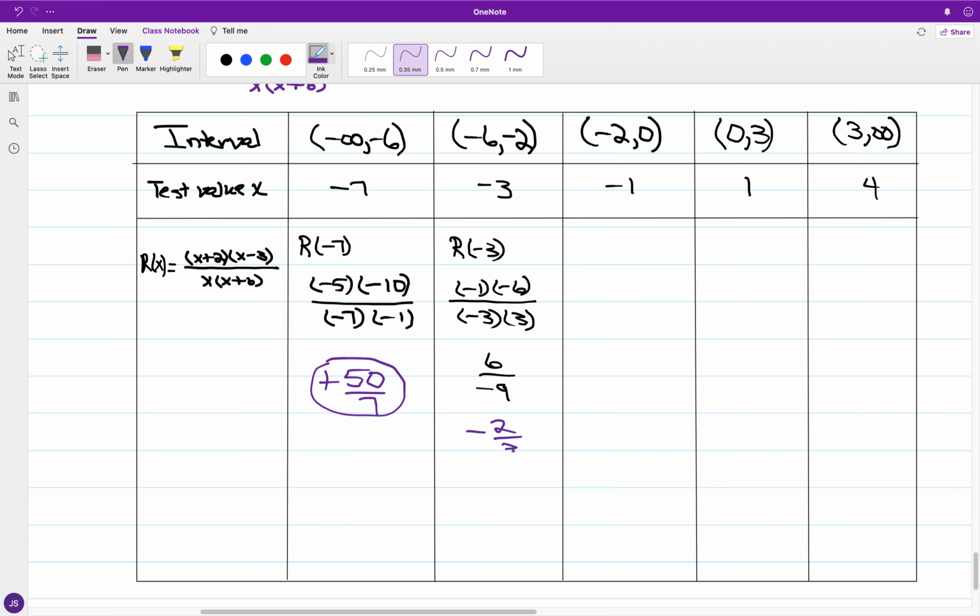So we have here -2/3. And for r of -1, -1 plus 2 is 1. -1 minus 3 is -4. You got -1, and -1 plus 6 is 5. So you got -4 over -5. So that is going to be a positive 4/5.